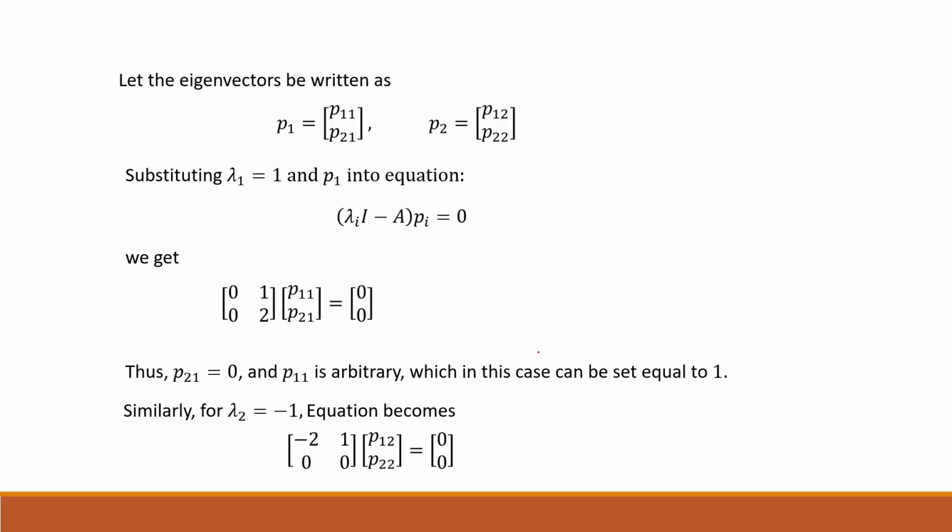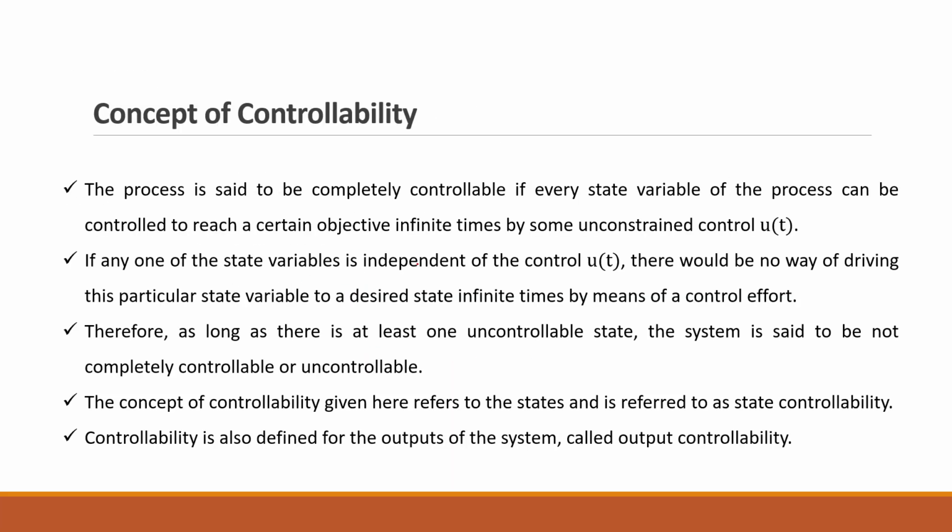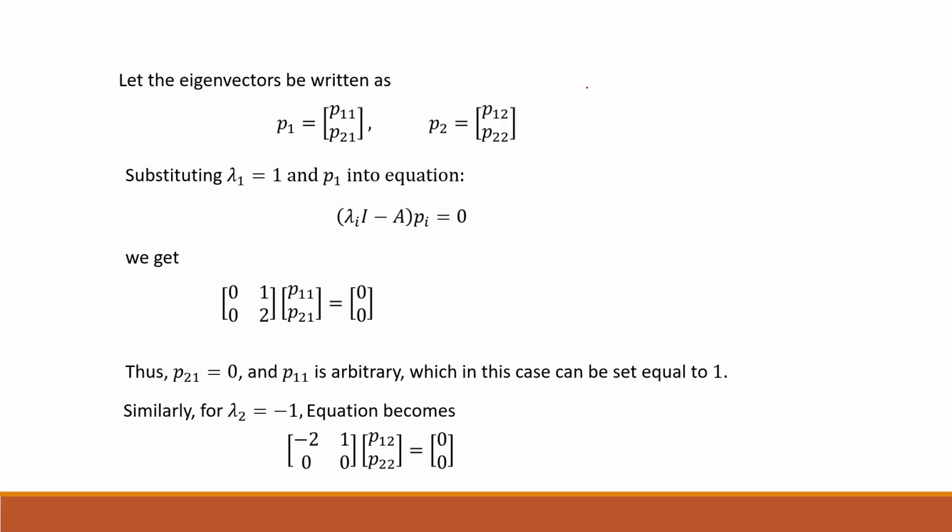[1, 0]. The second eigenvector is [1, 0, minus 1, minus 1].